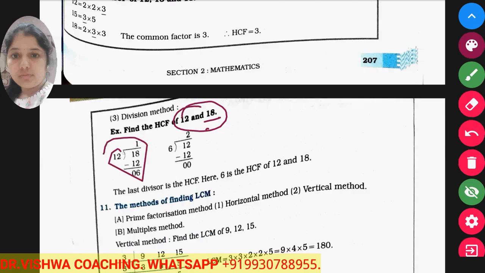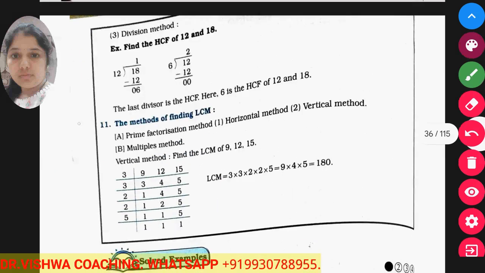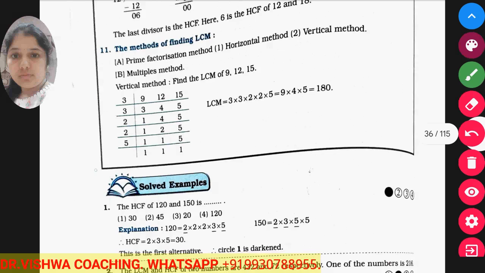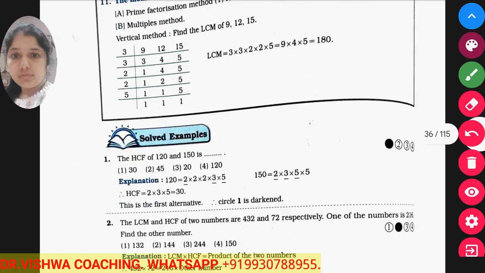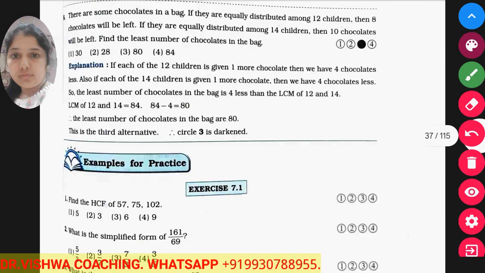Whatever remainder is there, with that remainder we divide the previous divisor, and when the remainder is 0, the last divisor is your HCF. In this way, by division method also we can find the HCF, and LCM you all know how to find: horizontal method, vertical method, or the prime factorization method. These are the methods by which we can find the LCM.